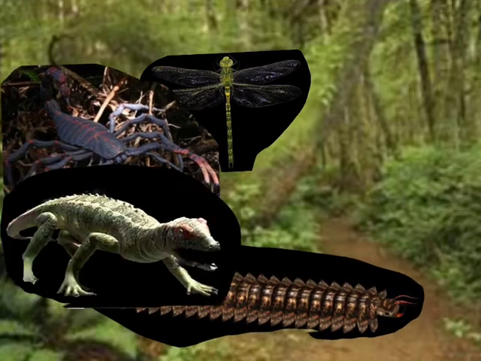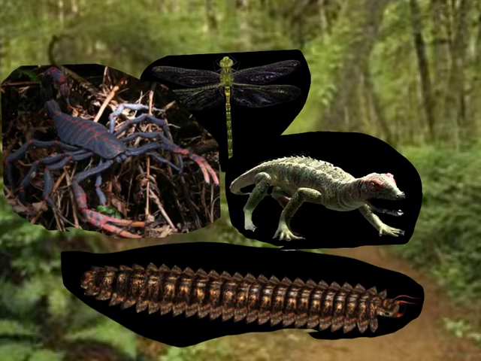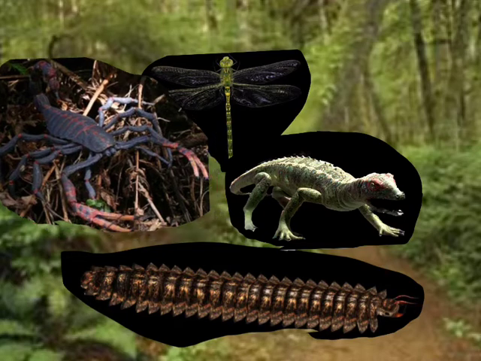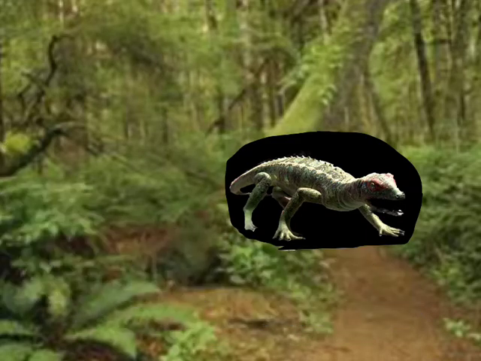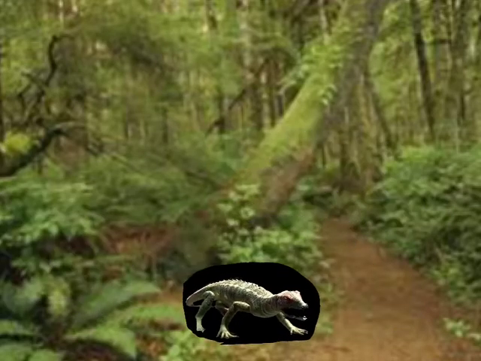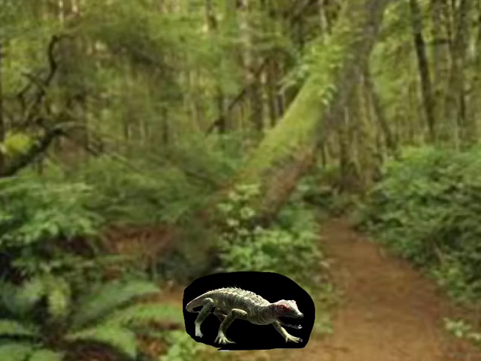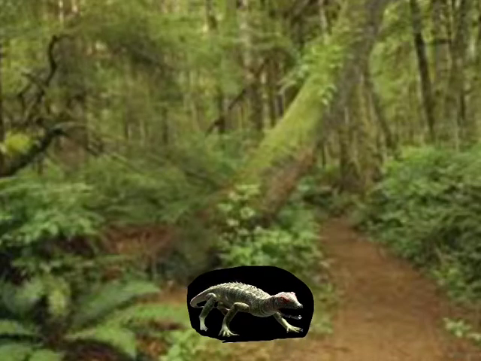Then there was Petrolacosaurus, which could have been 1 or 2 feet long or less. I'm not sure its exact length. Petrolacosaurus was among the earliest reptiles and the earliest amniotes. I'm not sure if it was an amniote or reptiliomorph. I believe it was a reptiliomorph.